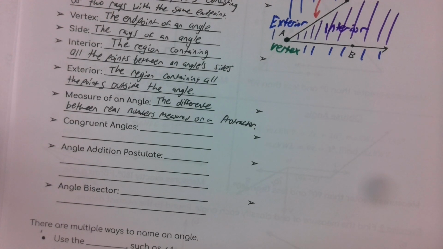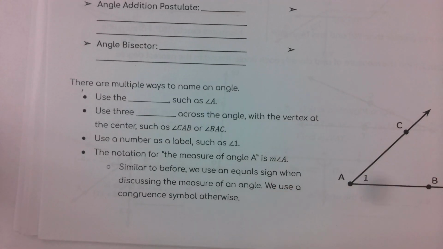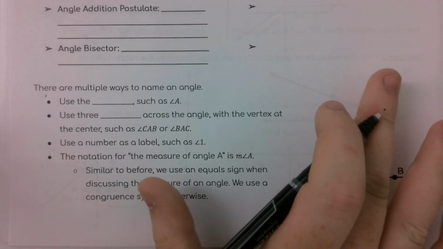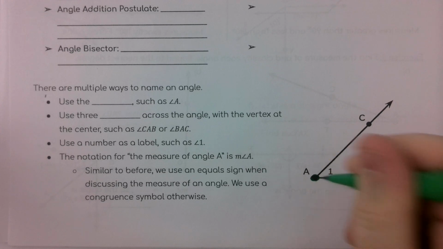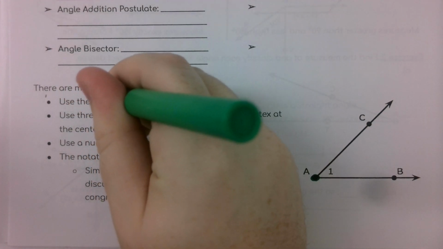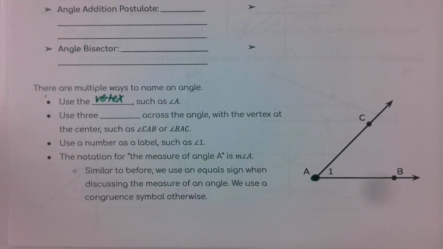So let's take a look at the bottom of the page and talk about how we name angles. We actually have a ton of different ways that we can name an angle. There are 3 main ones. The first way is to use the vertex. If you've got just one angle by itself, the easiest way to name it is going to be based off of the vertex.